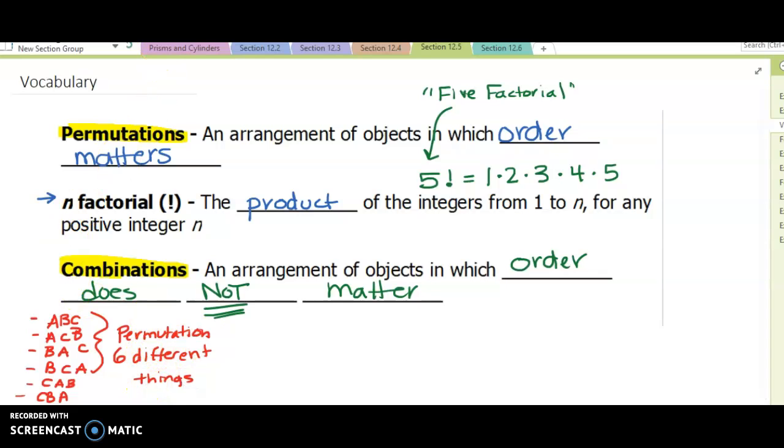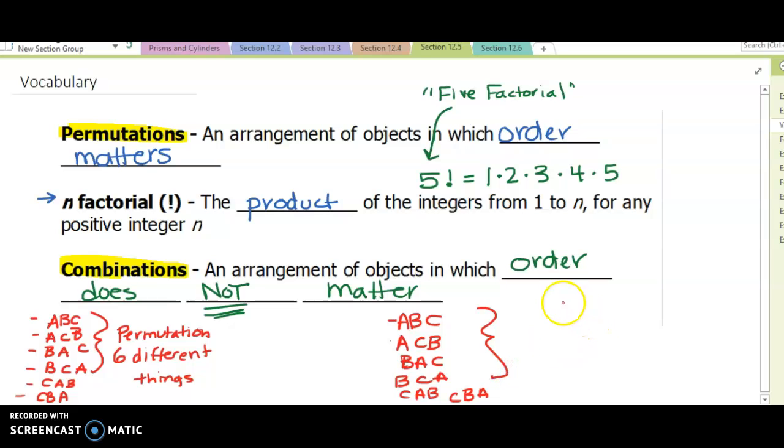Now if I have these same letters, A, B, C, A, C, B, B, A, C, B, C, A, C, A, B, and C, B, A, I still have 6 things, but if I'm looking at this as a combination, I would think these are all the same. There's one, I don't know, thing.